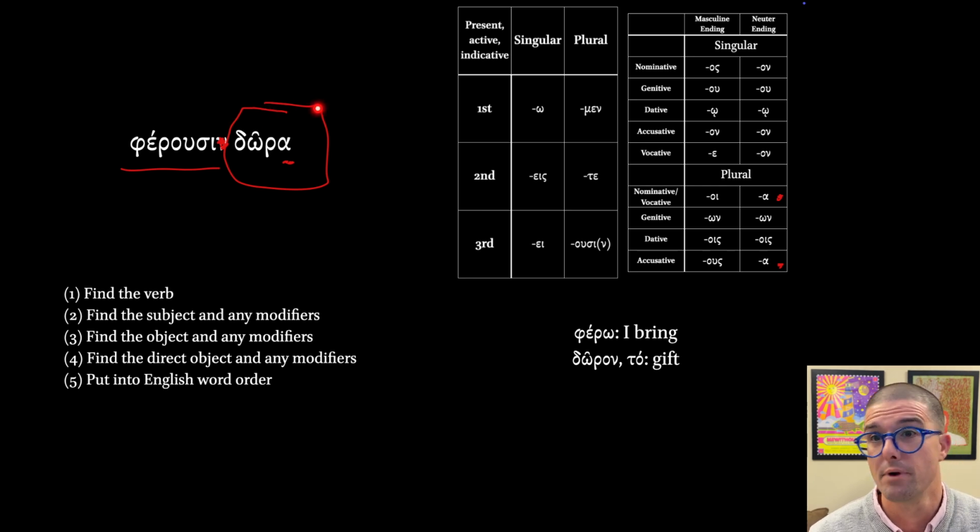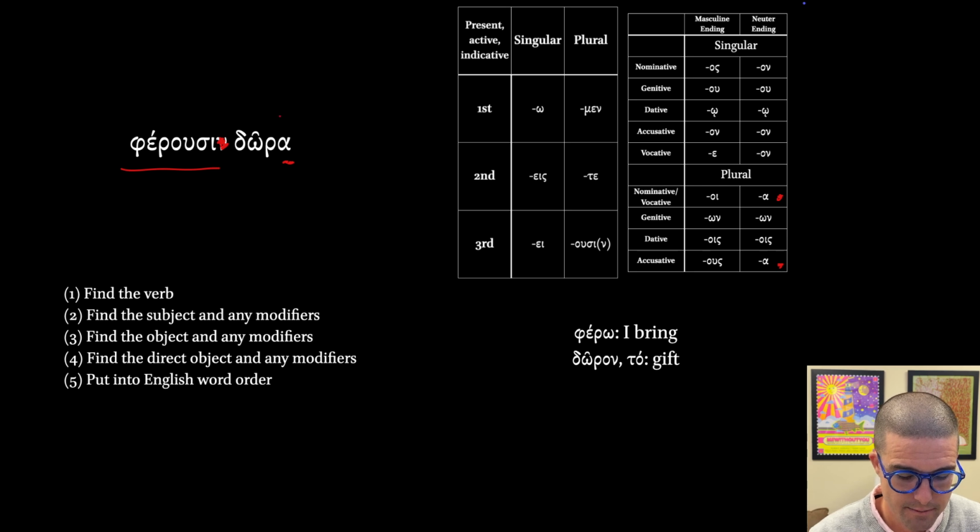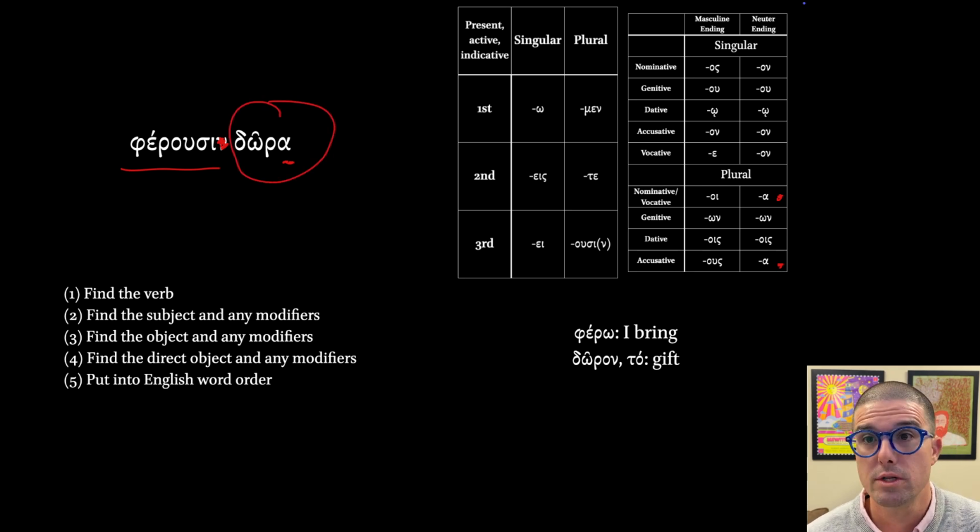So gifts bring something, but that doesn't really make a whole lot of sense. You would want to have an object for what is brought in this particular sentence. So it makes more sense that they is implied in the ending of the verb, a different they than the gifts. And dora is not, in fact, the subject of the sentence, but is the accusative neuter plural object of the sentence. They bring gifts.